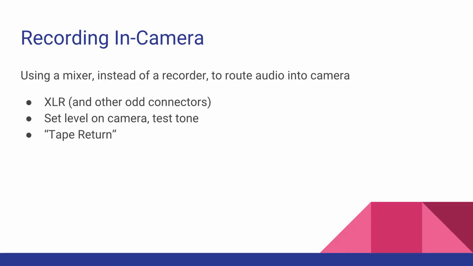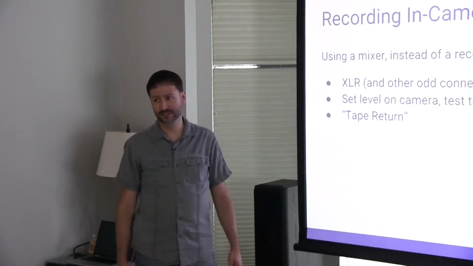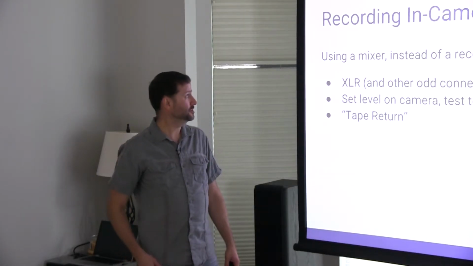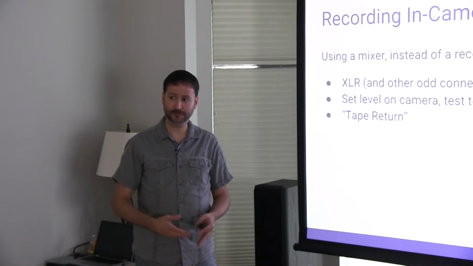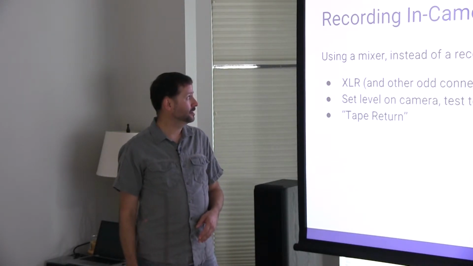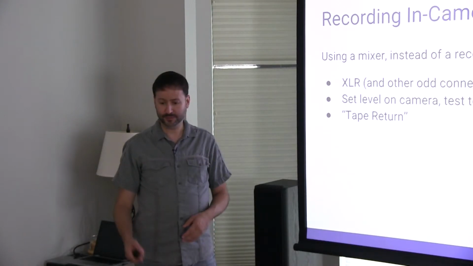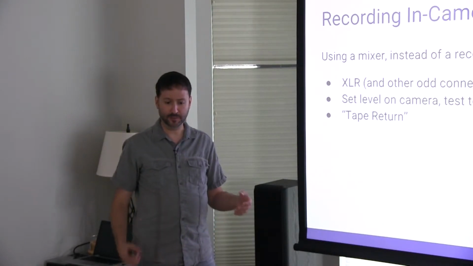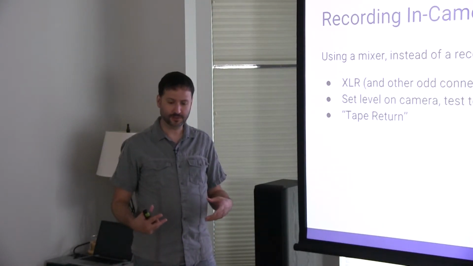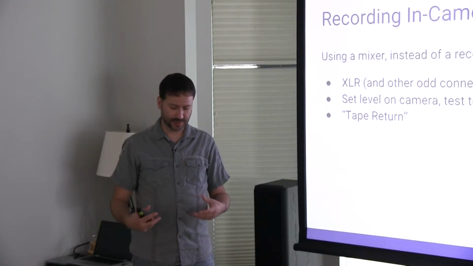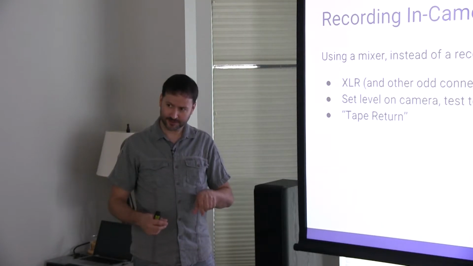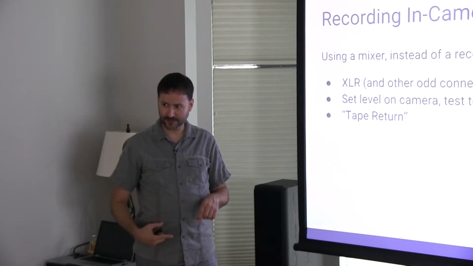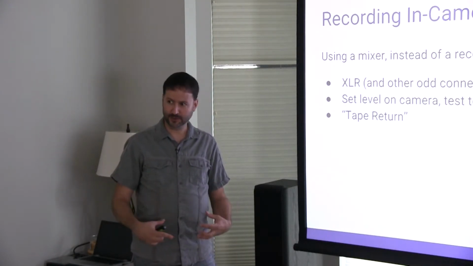So once in a while, you're going to have someone who doesn't want you to use your recorder. They want to record the audio in the camera. I didn't bring it up, but I have a field mixer. So instead of a recorder, it's a box that has XLR inputs for microphones, and I can control the gain, and I can listen to it on the headphones, but it doesn't record anything.